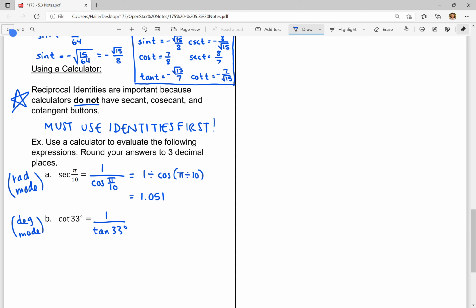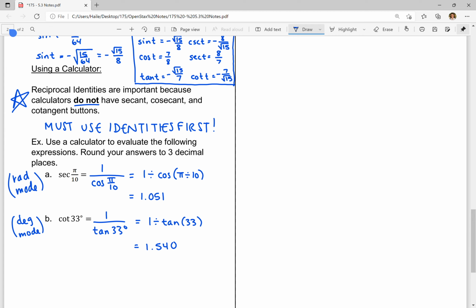My calculator has a tangent button, so I can type this in as 1 divided by tangent of 33. Or if your calculator is one of the backwards ones, you would do 33, then hit tangent, then do 1 divided by answer. If you punch that in, either way, you should get 1.540 if we're rounding to 3 decimal places.